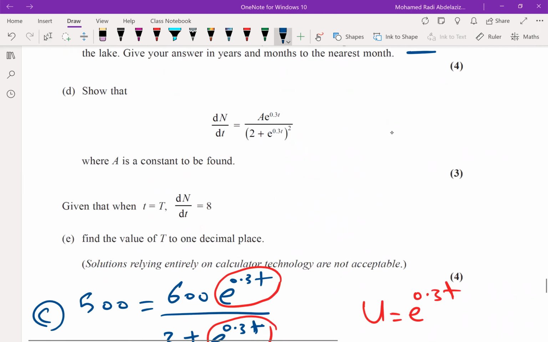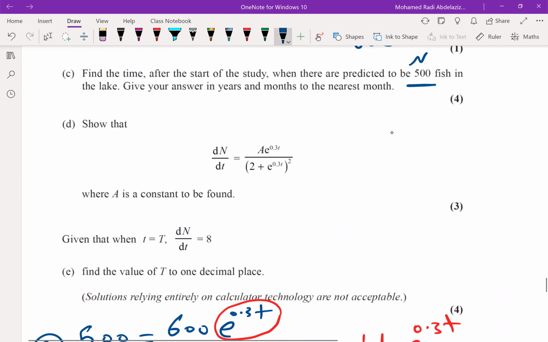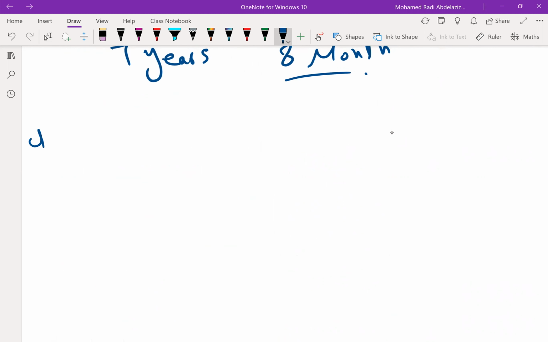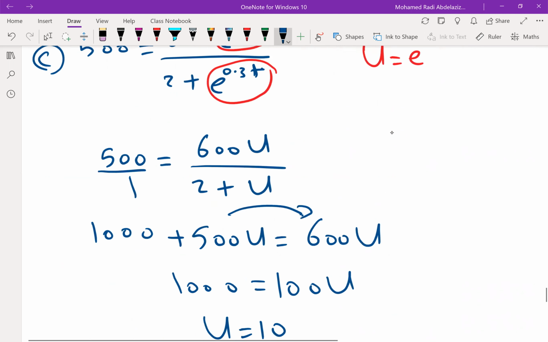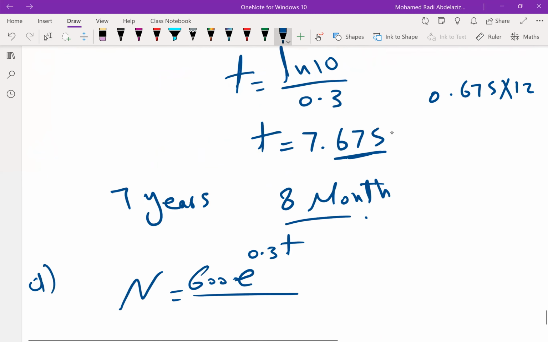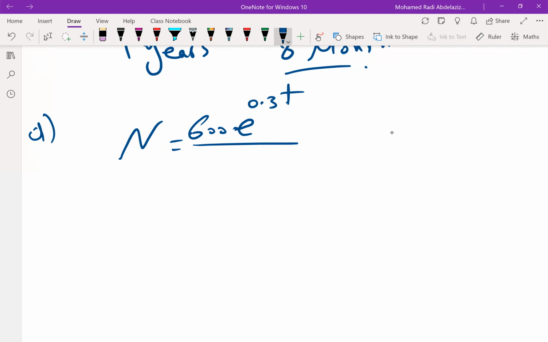Now part D, show that dN by dt, start to differentiate. We start with N equal to the expression 600 e to the power of 0.3t divided by 2 plus e to the power of 0.3t.